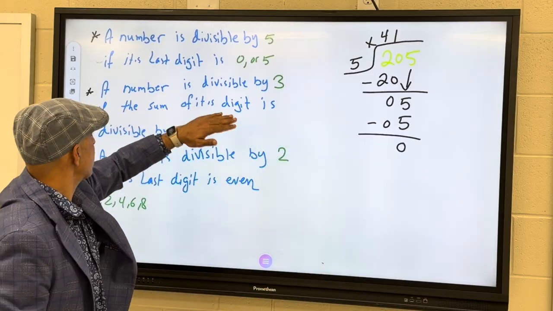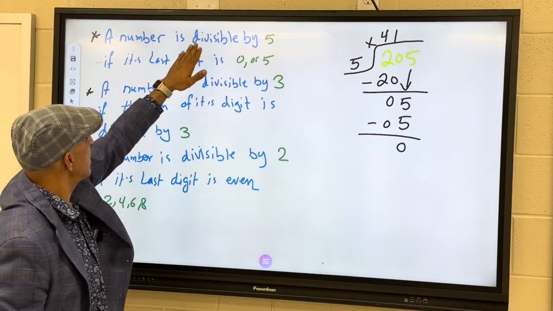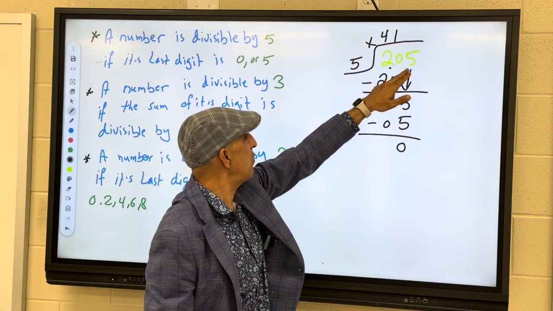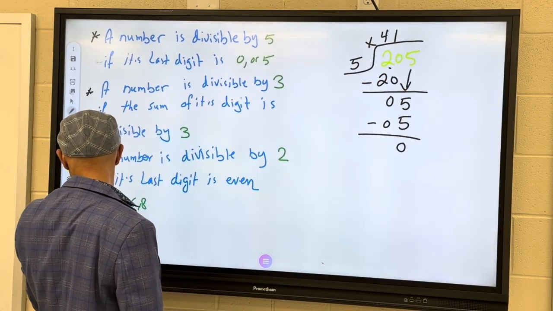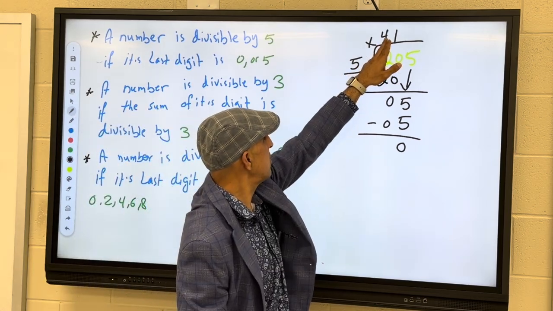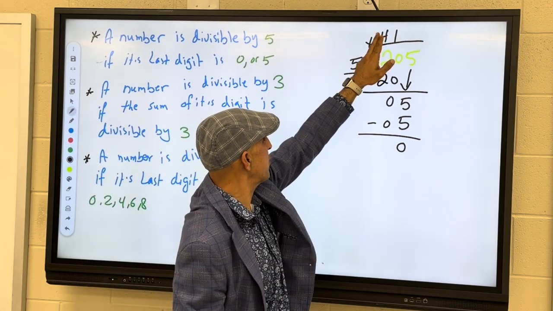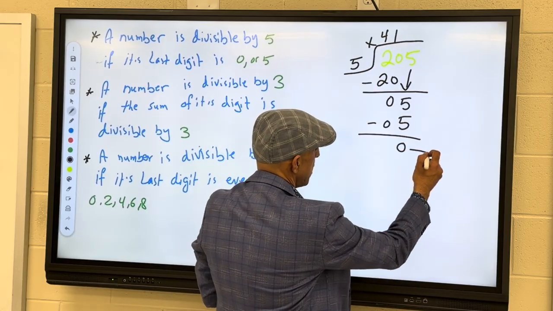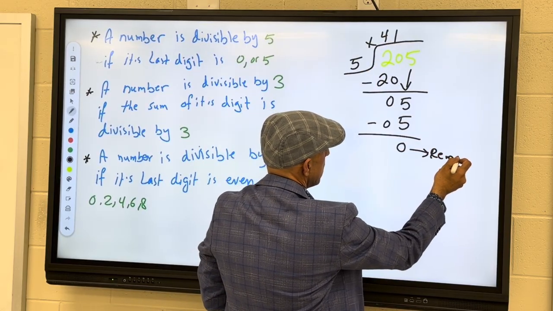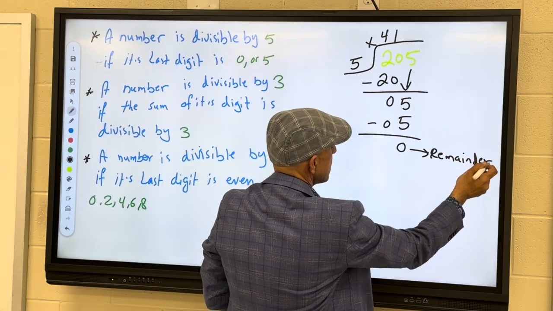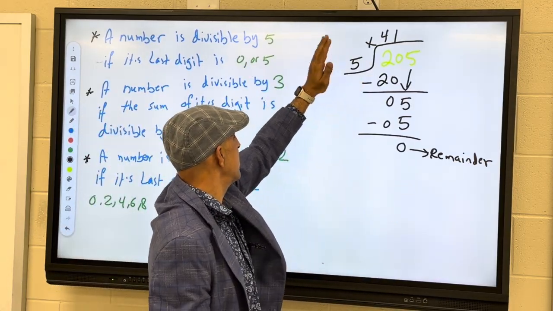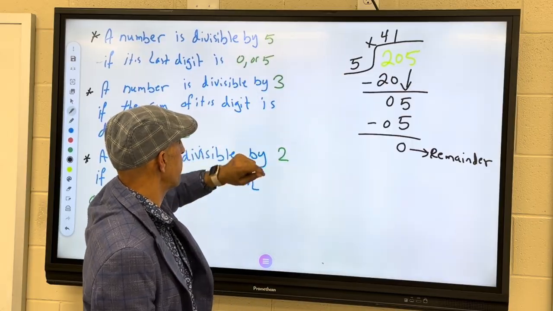This is exactly what we mean when we say divisible by 5, because I divide 205 by 5 and end up with the result 41, but the remainder is 0. Because the remainder is 0, I can say that 205 is divisible by 5.